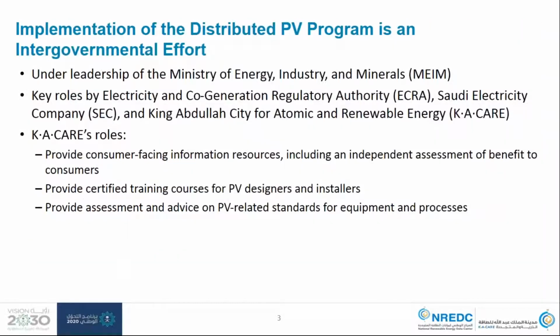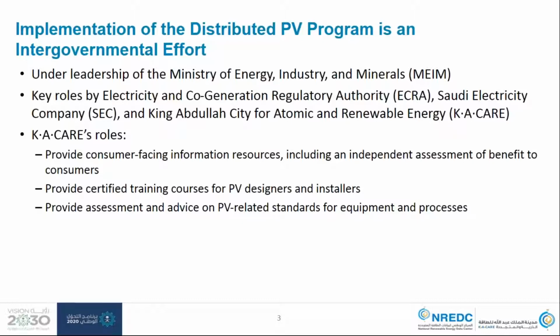This program is being done as an intergovernmental effort within the Saudi government. In Saudi Arabia, there's an overarching ministry called the Ministry of Energy, Industry, and Minerals, called MEIM for short. And the electricity regulator is called the Electricity and Cogeneration Regulatory Authority, or ECRA.